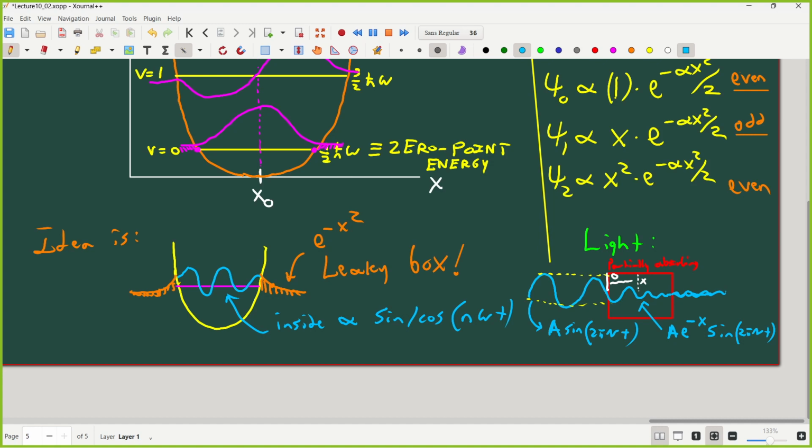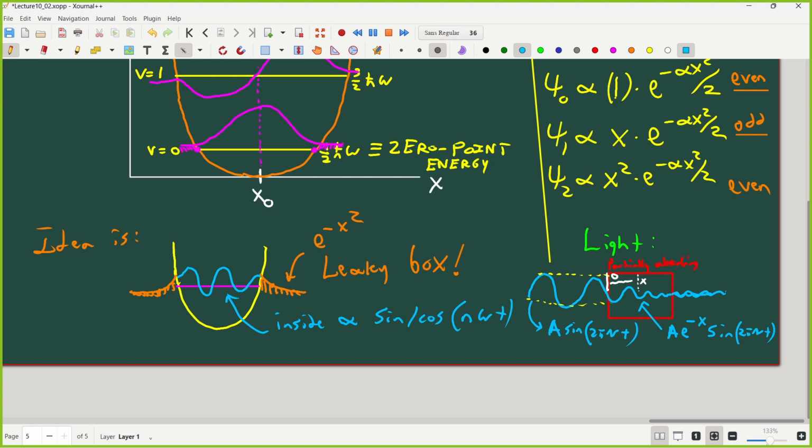Just like a wave penetrating a slightly leaky, absorbing box, the system, of course, can reflect and go backwards, but some of the photons will get absorbed, and the amplitude of those photons that get absorbed decreases as a function of the depth of the box, and it does so exponentially. So light decays as e to the minus x, but a harmonic oscillator decays outside as e to the minus x squared. So it's actually even worse. It decays even faster. But it's the same concept.